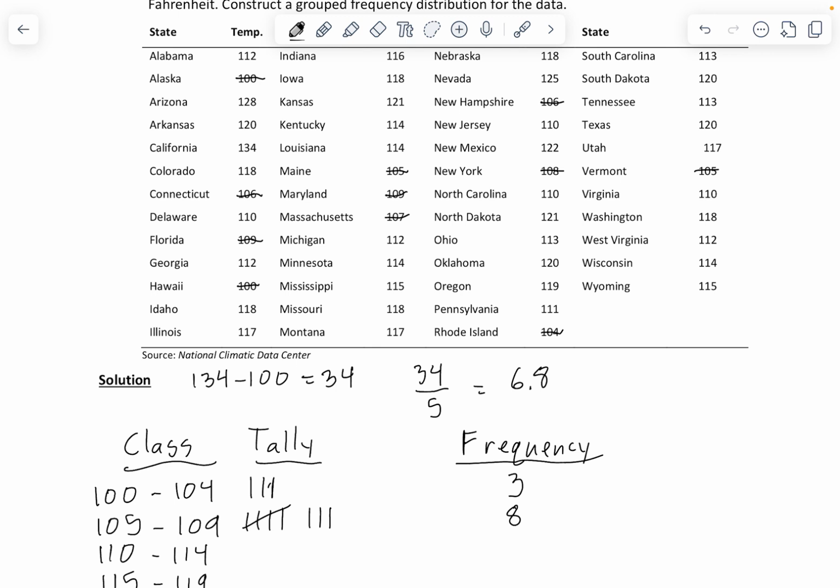110 to 114. I've got Alabama, there's 1. Delaware, 2.